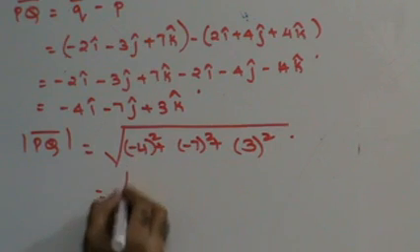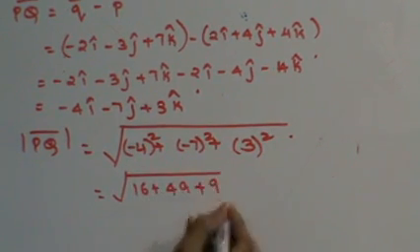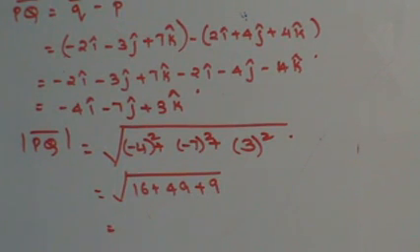Right? Now minus 4 square is 16, 7 square is 49 and 3 square is 9. 16 plus 49 is 65, 65 plus 9 is 74. Root of 74. So the magnitude of PQ vector is going to be root 74 units. Fine. Take down the next one, please.